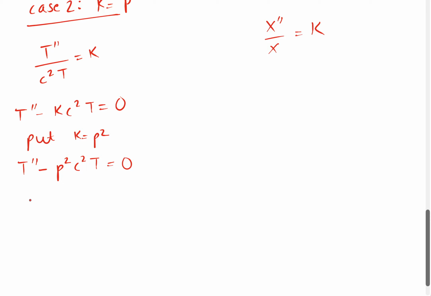How are we going to solve it? If I assume t double dash is equal to d square, it will become d square minus p square c square t is equal to 0.